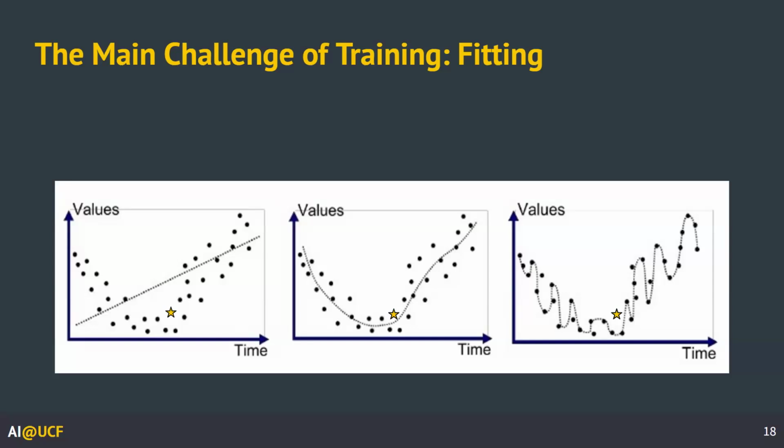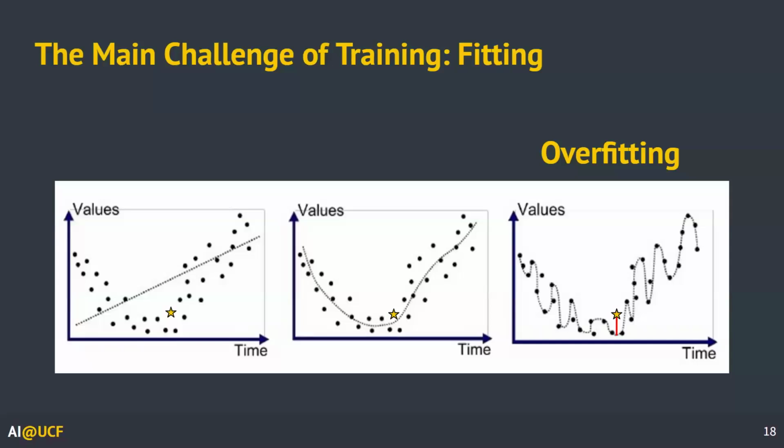Fitting is basically the idea of how well your model has learned both the data it has seen and the data it hasn't. The biggest problem here is known as overfitting. In the example here, we have a bunch of black dots that are, for example, our training set. We had a model learn where all these points would be, and it learned really, really well to fit onto this curve that the training points had.